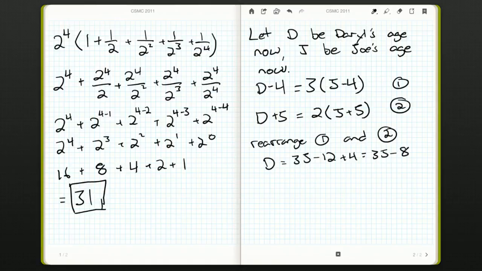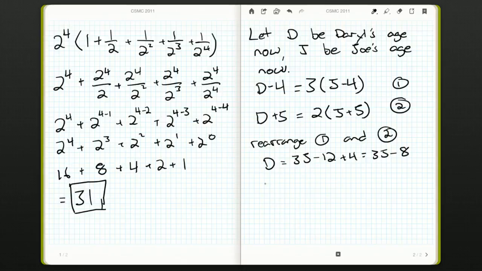So that's 3J minus 8. Okay? So if Joe was 3 years old, Daryl would be 1 year old. Oh, sorry, yeah, 1 year old. Okay, if J is 5, then D would have to be 7. That's the sort of relationship we're getting.